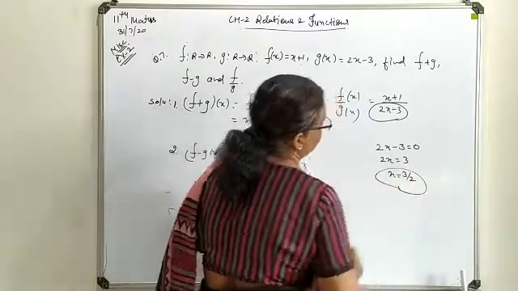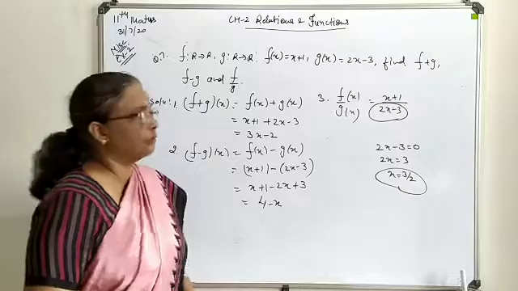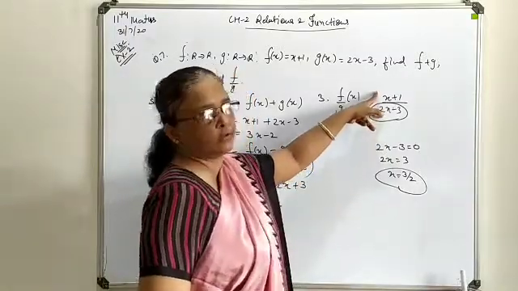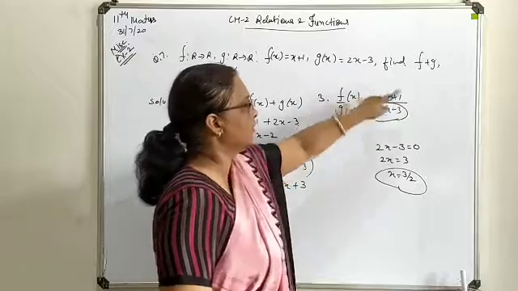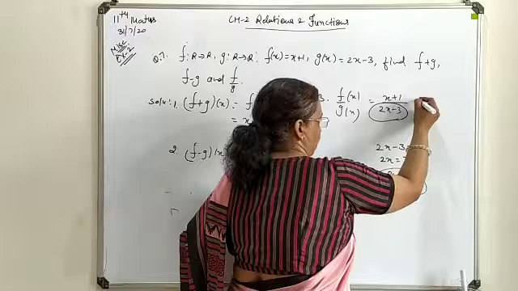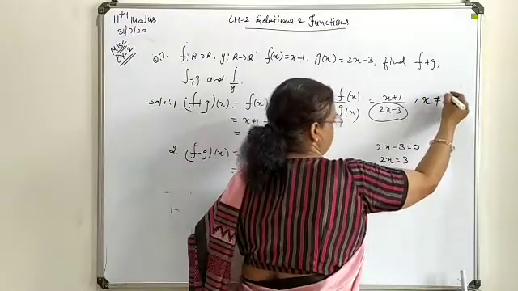Here you can see at x equal to 3 by 2, the denominator tends to 0, meaning this term will tend to infinity.